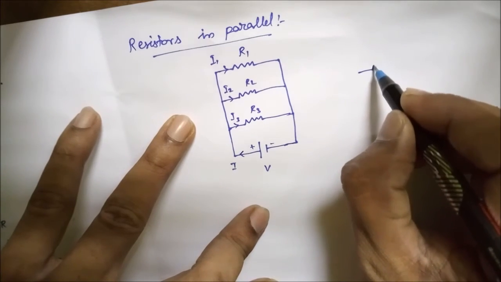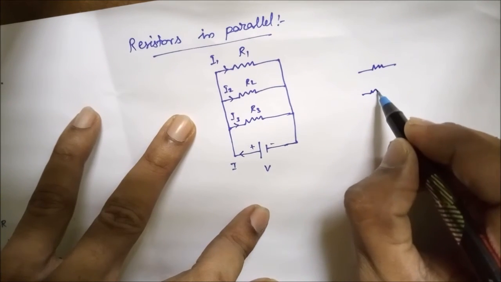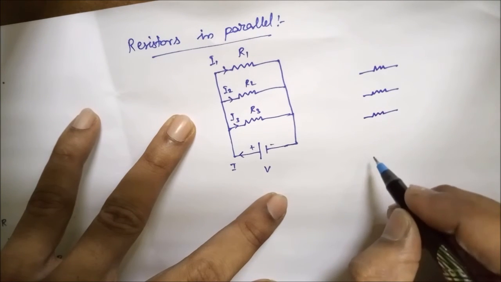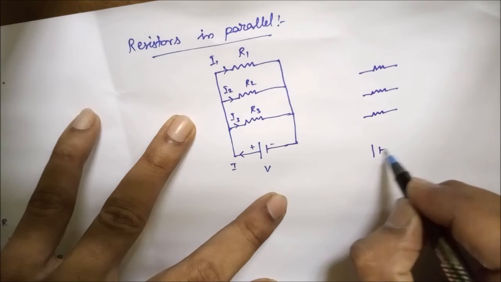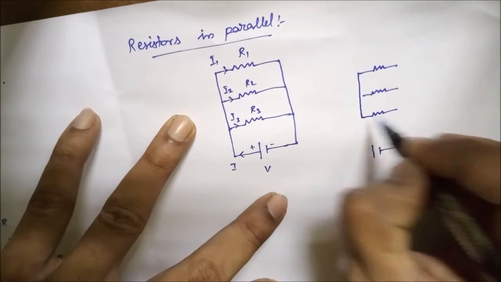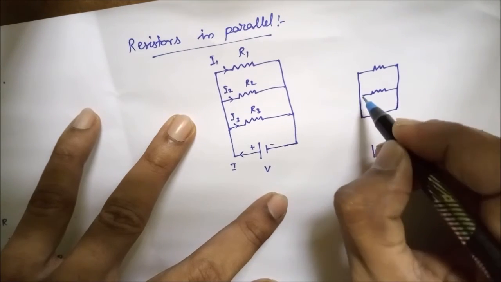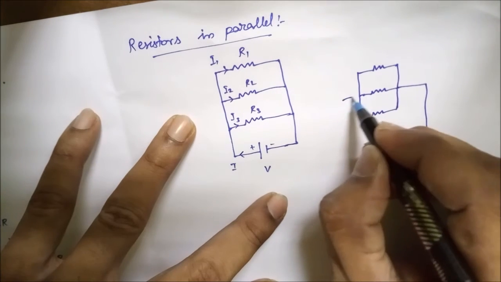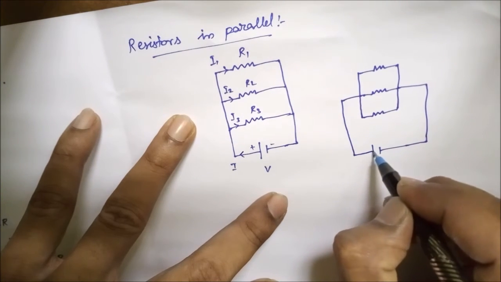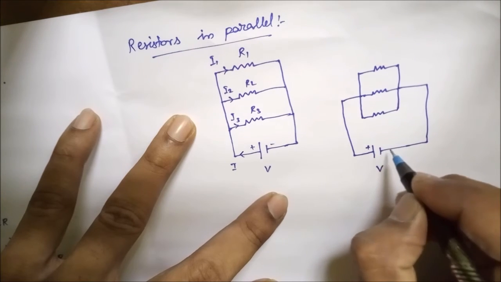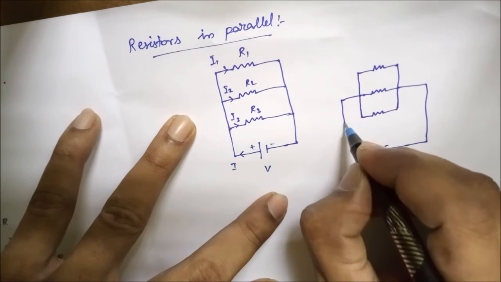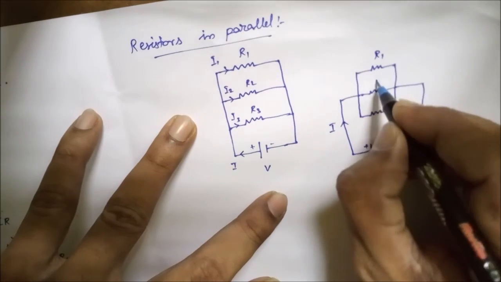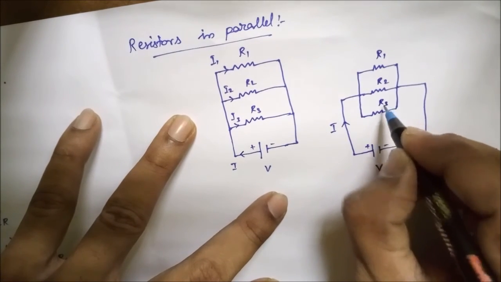So now here R1 and R2, this is R3, and here we will have a potential. So V, positive terminal, negative terminal, then through this I amount of current passes, and this is R1, R2 and R3. Very good.